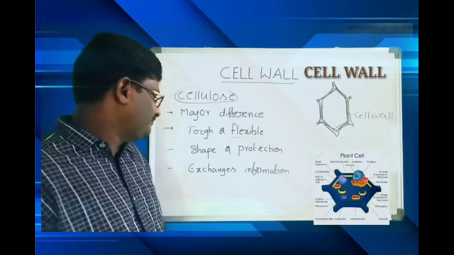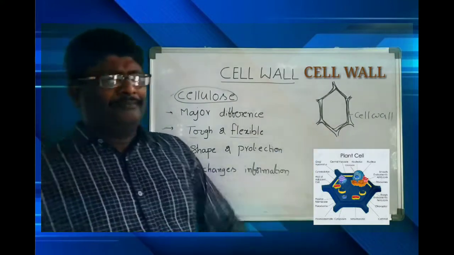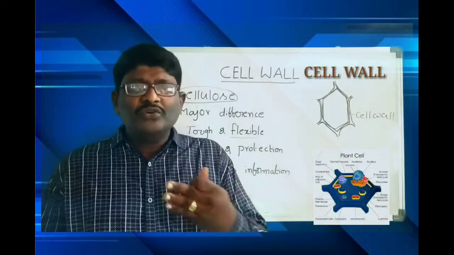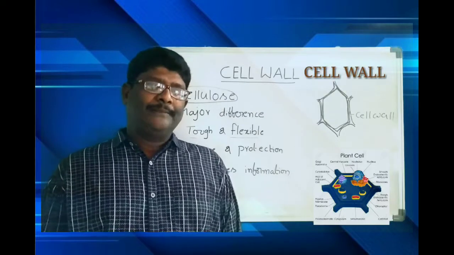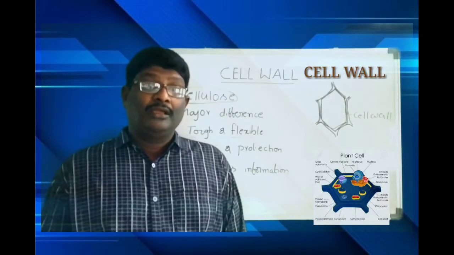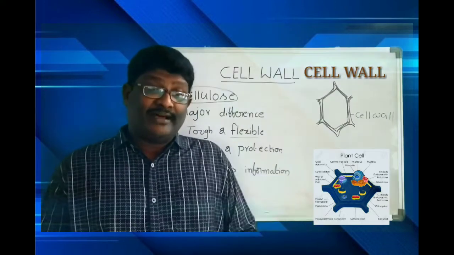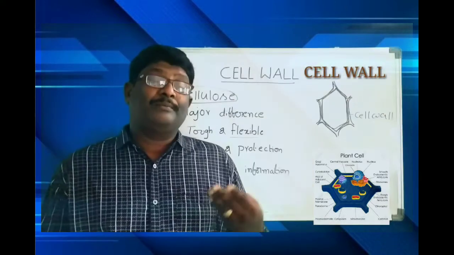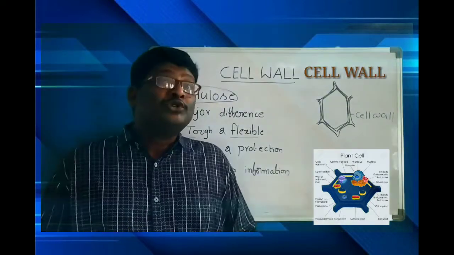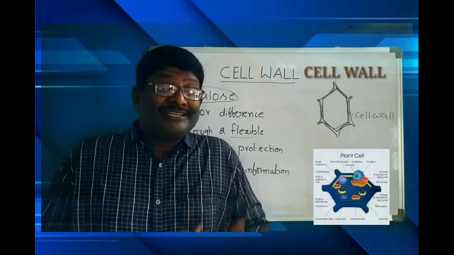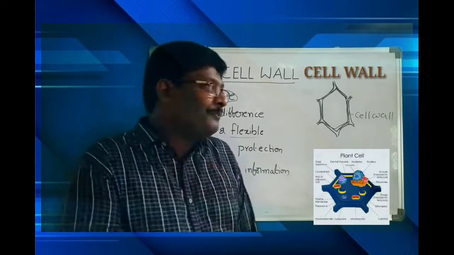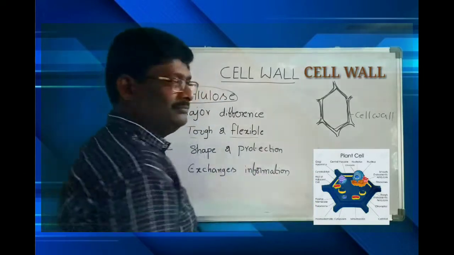Okay, now next. Actually, in the previous days, the scientists believed that there is no use with the cell wall in plant cell. But later they understood that when new cells are produced by the process of cell division, the information passes from one cell to another cell with the help of cell wall.